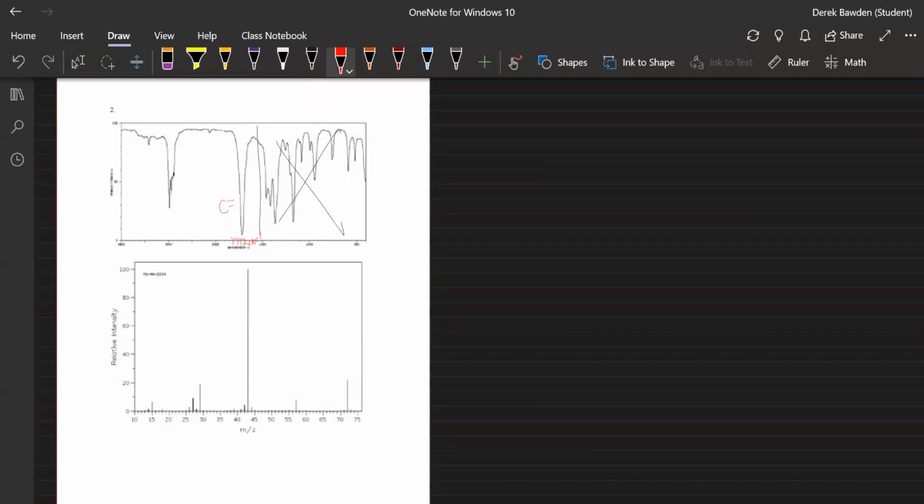Yeah, C double bond O, right? If it's closer to 1600, it's C double bond C. Because it's closer to 1700, C double bond O. We have our sp3 CH bonds, and these are all too small to say that they're anything, so we can just ignore those.